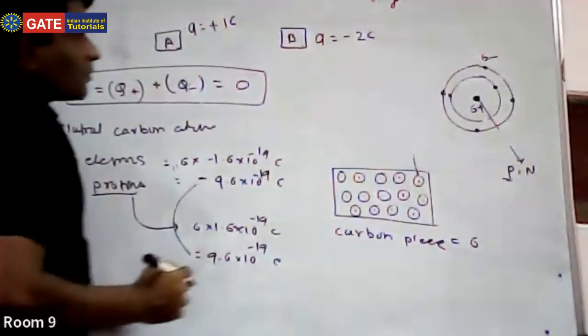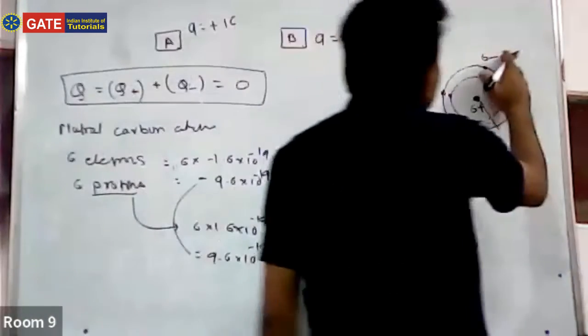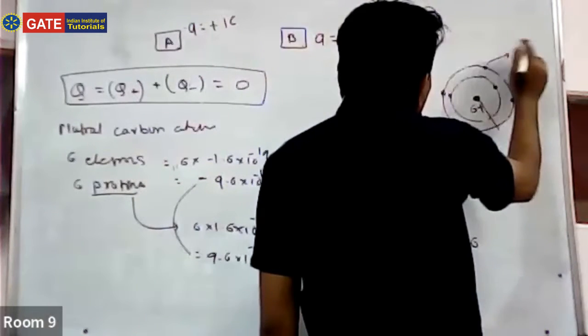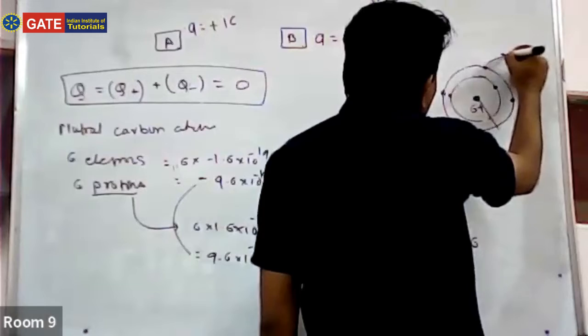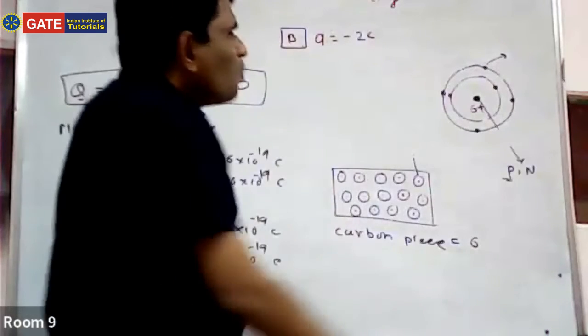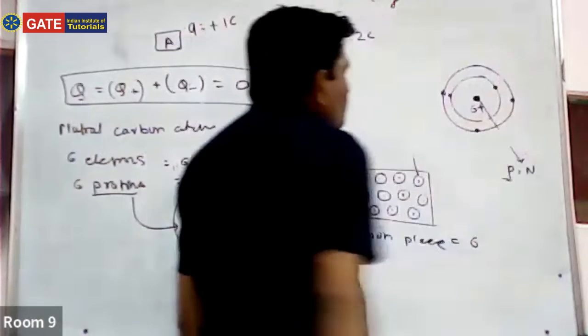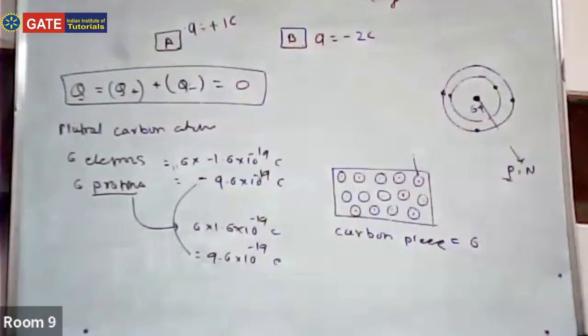Now see here. When you remove one electron from this, how many electrons are there?